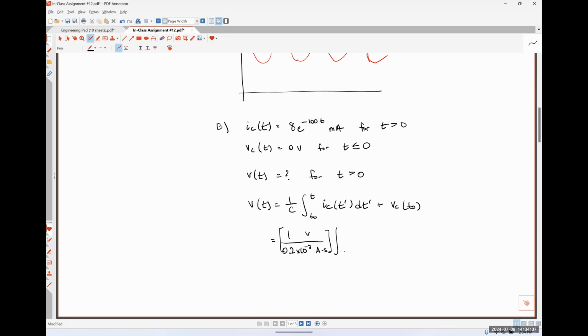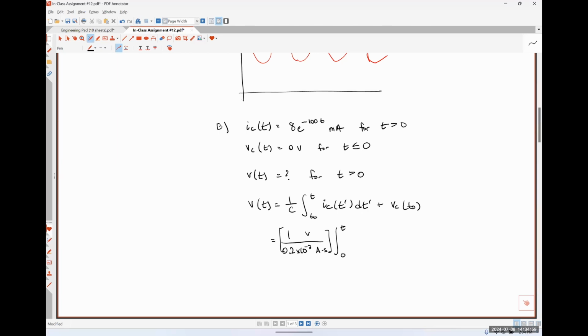times the integral. So what's my T naught here? Anybody have any thoughts? Zero. 0, absolutely. So we're just going to integrate from 0 to t because we're looking for a voltage as a function of time.